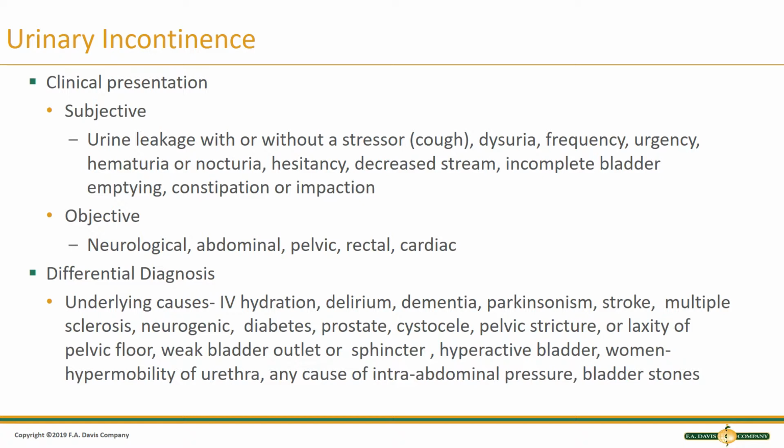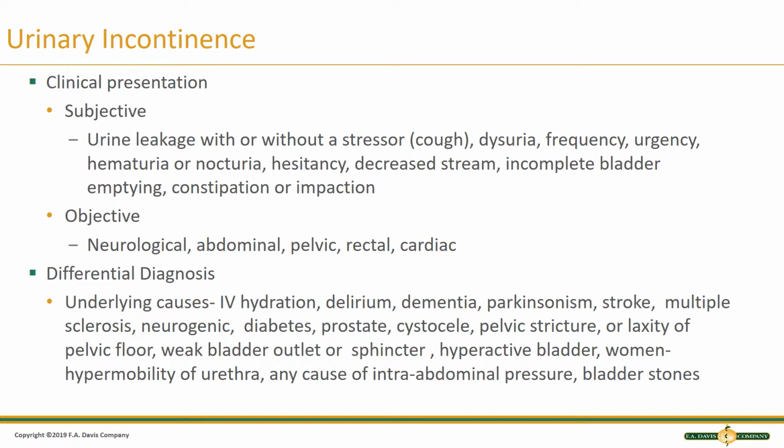But then your patients with Parkinson's or other types of dementias, or patients with strokes who have neurologic deficits, or patients with MS or diabetes, patients who have prostate enlargement or cystoceles or pelvic strictures, pelvic floor muscle challenges, bladder outlet sphincter problems, or anything that changes or causes an intra-abdominal pressure or the presence of stones in the bladder.